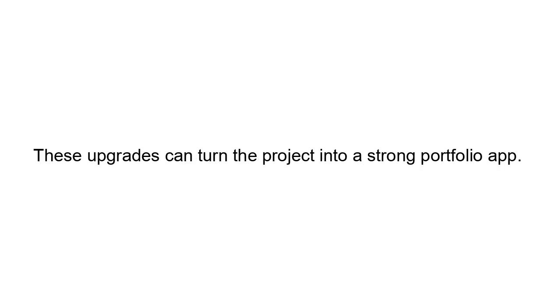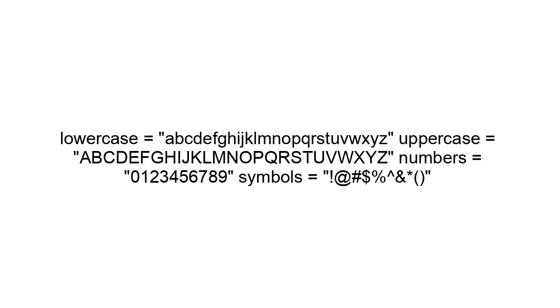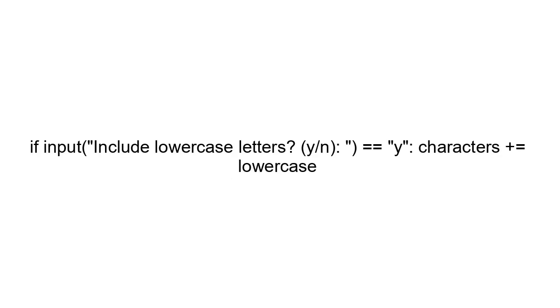Example with user options. Here is a more advanced beginner version. Import random. lowercase equals the lowercase letters a to z. uppercase equals the uppercase letters A to Z. numbers equals 0123456789. symbols equals at, hash, dollar, percent, and asterisk. characters equals empty string.